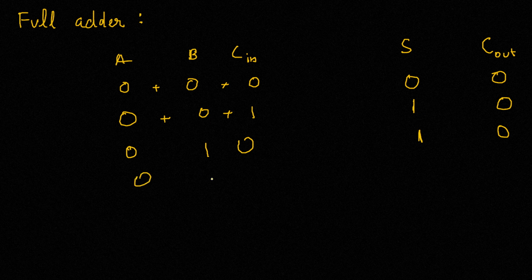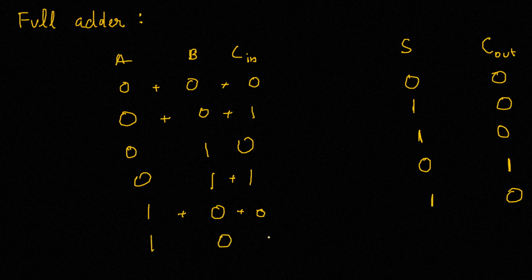Next, we have 0, 1, 1, which, 1 plus 1, like we saw, gives us 0 in the sum and 1 as carry. Then we have 1, 0, 0. The sum of this gives us sum 1 with no carry.